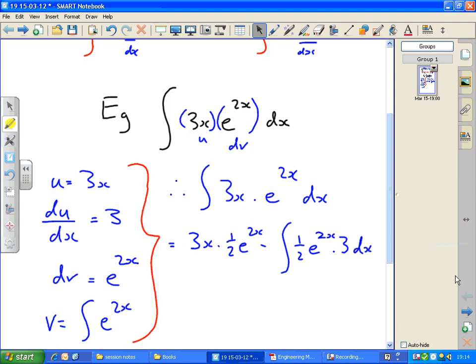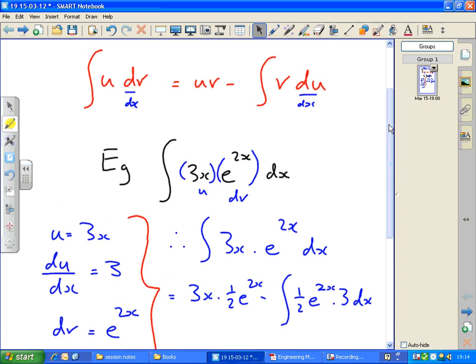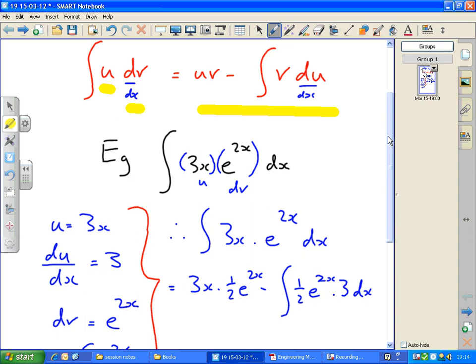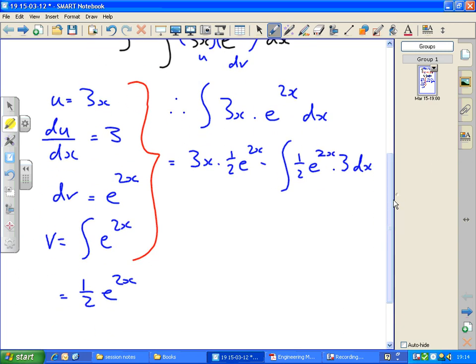Let's just recap that then, okay? What have I done? My original integral of 3x e to the 2x, I let the 3x be u, so that's the u in here. And then I let e to the 2x be the dv bit. And so now I'm going to replace that integral with this right-hand side. So in other words, now this equals u, well, what's u? 3x.